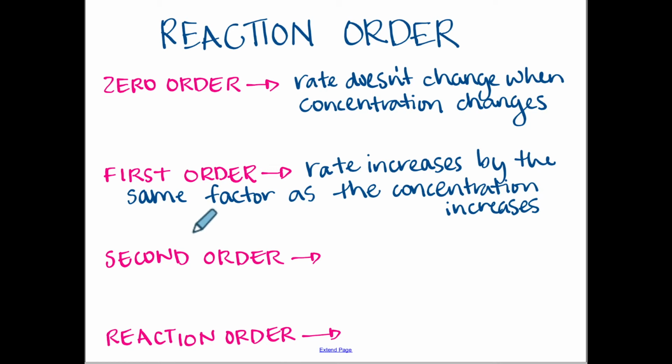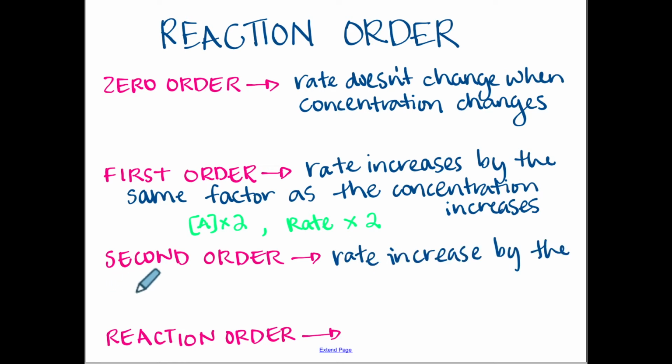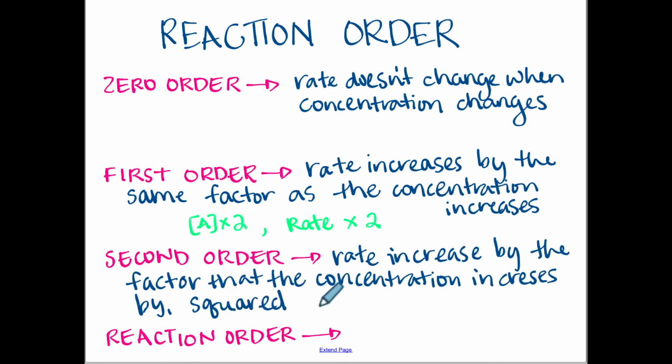So if you took the concentration of reactant A times 2, then the rate would be also twice as fast. For a second order reactant, the rate increases by the factor that the concentration increases by squared. So if you took the concentration of reactant A times 2, the rate would increase by a factor of 4 because 2 squared is 4.